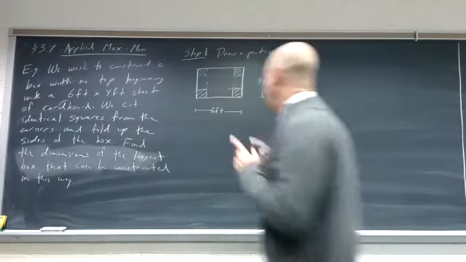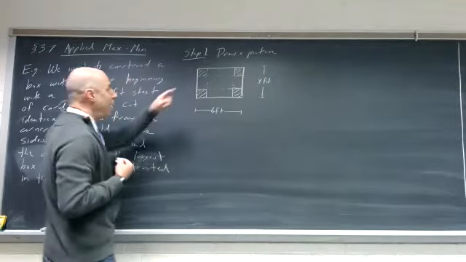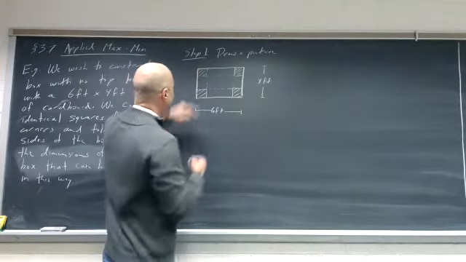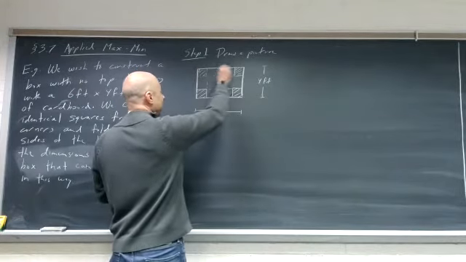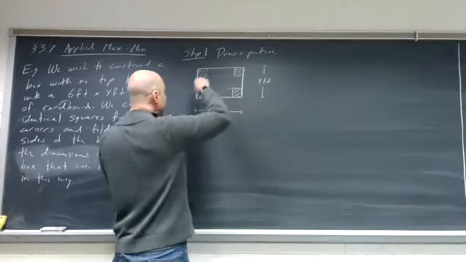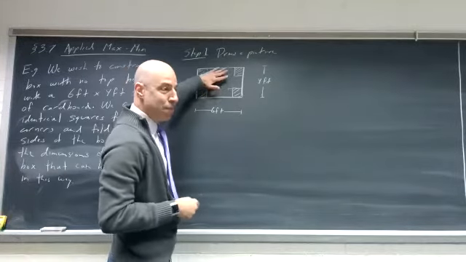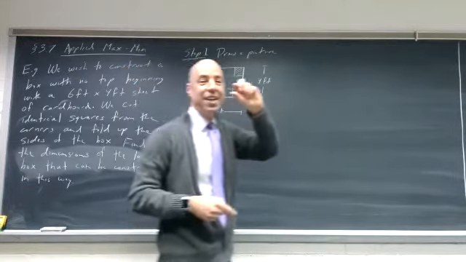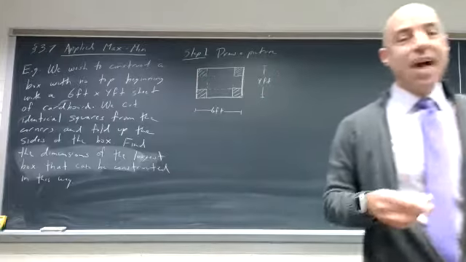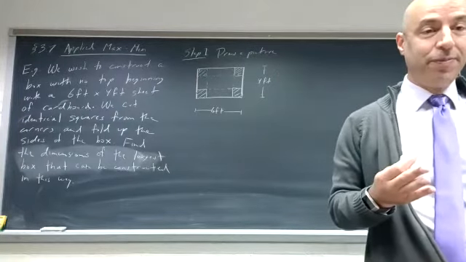You can see that what we have a choice about is how big to make these flaps. If we cut just a tiny square out from each corner, we're going to end up with a box with a really big bottom, but it's going to have a very tiny height. That box is not going to have a big volume.